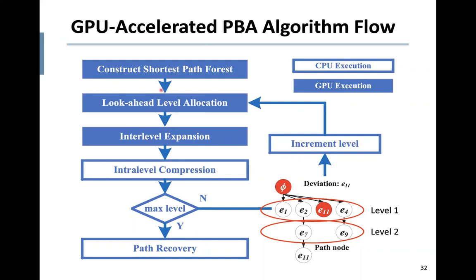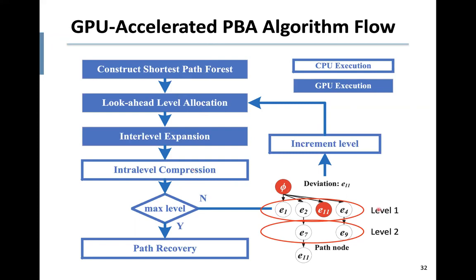So here we use a GPU to construct a shortest path forest, or a bunch of shortest path suffix trees, and then iteratively expand the critical path candidates by sorting out the deviations from the previous level. And this process is highly dynamic. So at the end of each iteration, we send back the result, the path candidates, to CPU, and use CPU to decide the next level size so we can allocate proper GPU memory for the next iteration.